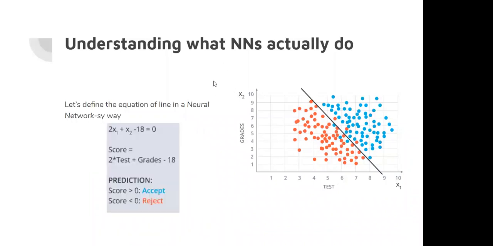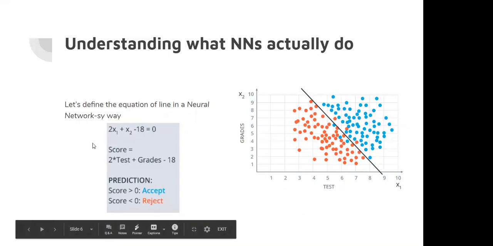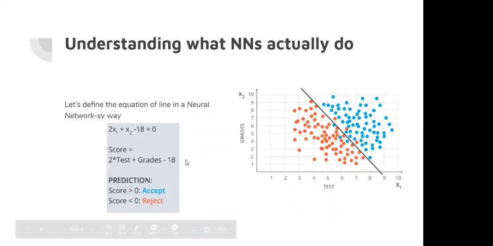Now if I ask what is the equation of this line, you can say 2x1 plus x2 minus 18 equal to 0. If I put everything on one side of the equality, this is probably what the equation looks like, which is basically saying x1 is your test, so 2 times test plus grades minus 18 is equal to 0. This equation becomes your score.